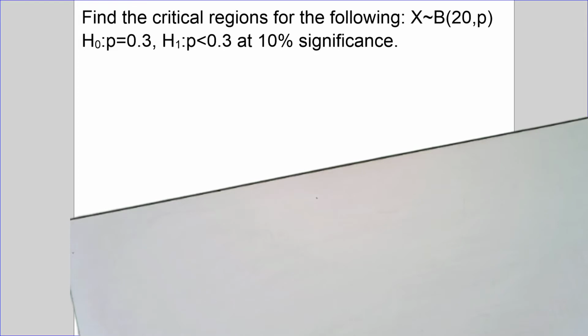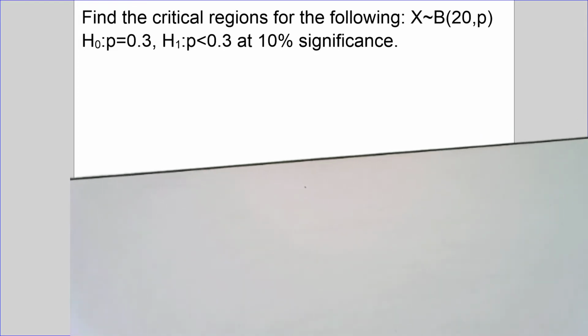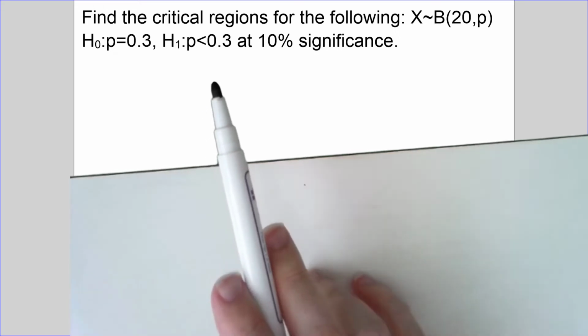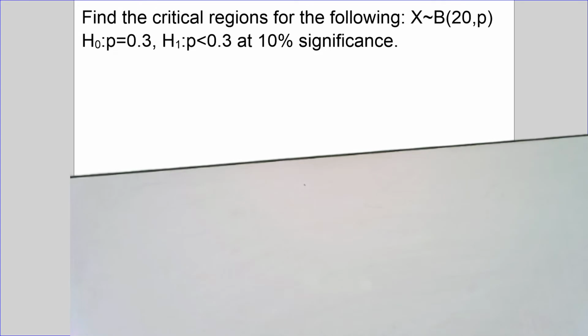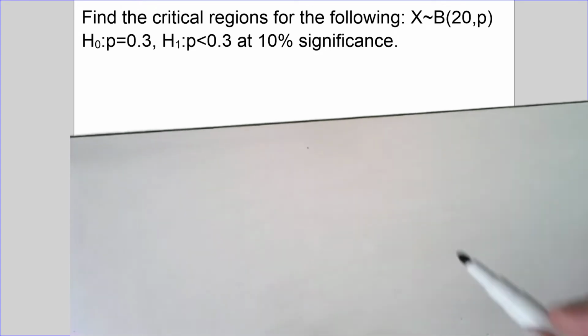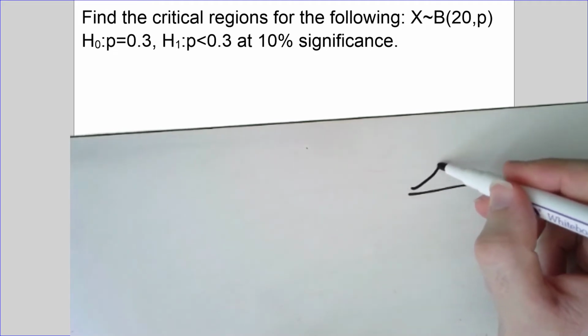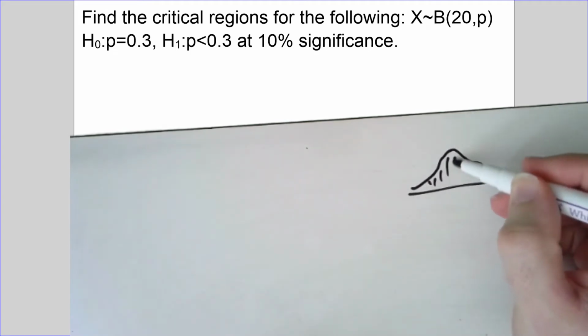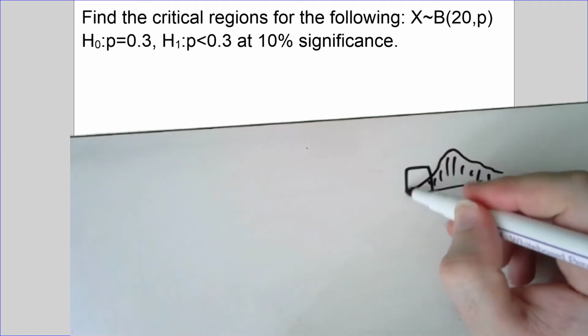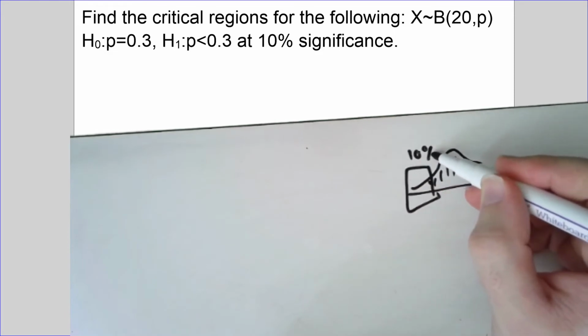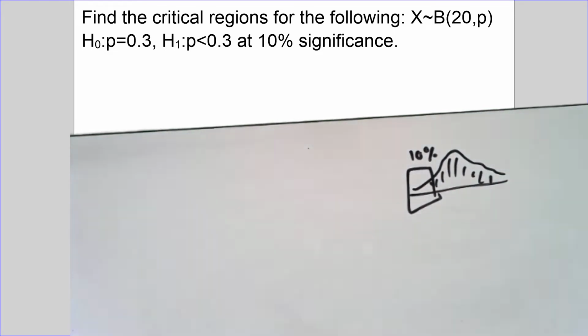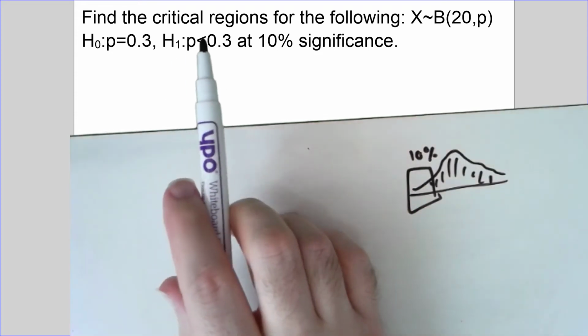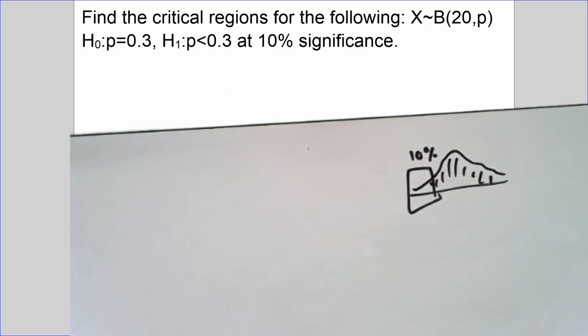I've added a few more nice, quite easy examples for us to have a look at until you get the idea of doing this. So this again is a one-tail test because it's just got the less than. A 10% significance, and this uses binomial 20. So if you imagine the graph is going to look a bit like this, it's got bars obviously, but we're after this bit here of size 10%. 10% of least likely outcomes for the less than, because you've got a less than side here, so we're doing the less than bit.